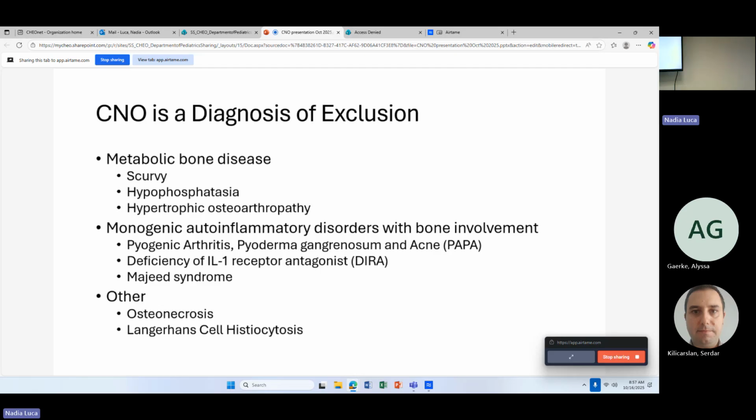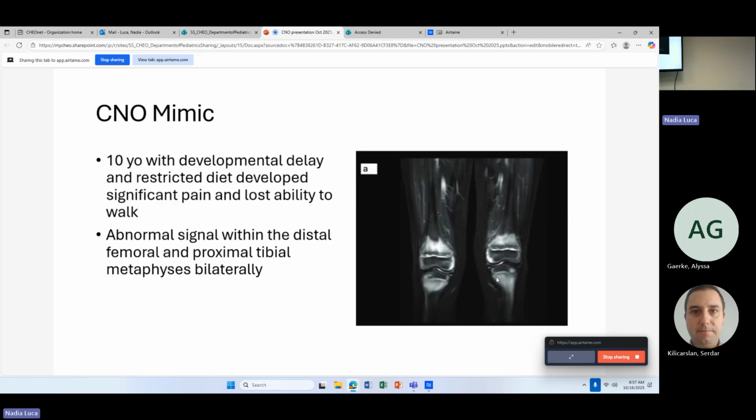So I would say if you have a developmentally delayed patient or an autistic patient who has a very restricted diet, that should actually be your first thought. And on imaging, it can look exactly like CNO. So it's pretty crazy.